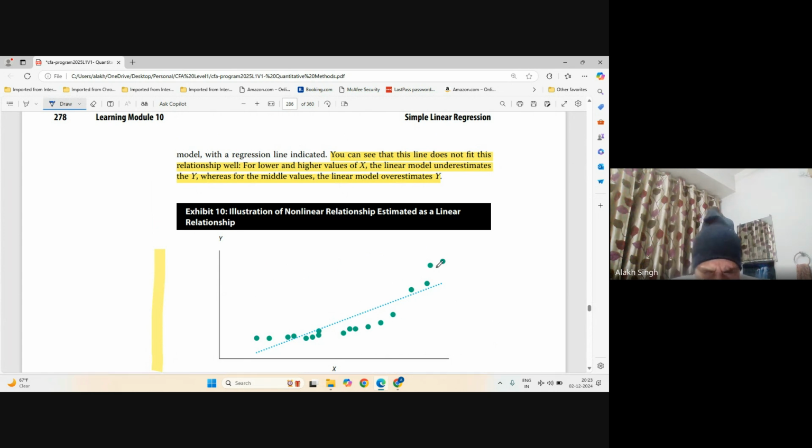Here also, y hat is lower than actual y. So here and here, y hat is less than actual y, meaning it is underestimated, and in the middle it is overestimated because the relationship is exponential.